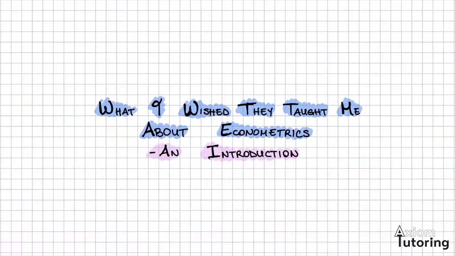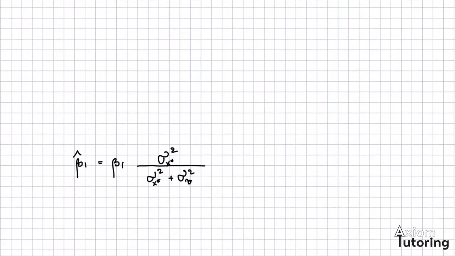In the previous video where we started to show why attenuation bias, or measurement error in the x variable, shrinks our fitted line to a flatter line, meaning shrinking the actual slope coefficient towards 0, we managed to prove that beta 1 hat, the actual estimation, is equal to beta 1, so the true beta 1, times this fraction in here, this ratio, which was our attenuation factor.